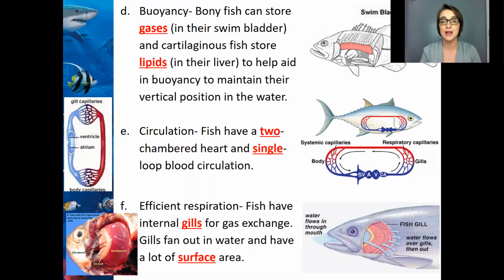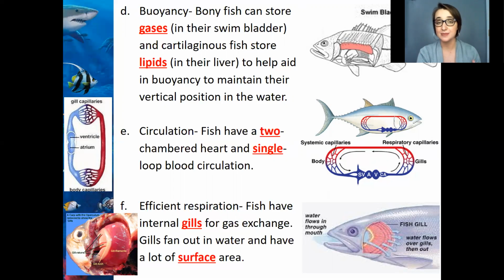This is because they have a structure in their body called a swim bladder. So if you look at that picture there on the screen at the very top, that pink organ, that is called a swim bladder. Now this swim bladder is actually going to hold gas, and dependent upon where they are in that vertical column of the ocean or whatever water body they're in, that will hold the amount of gas that it needs to hold them there.